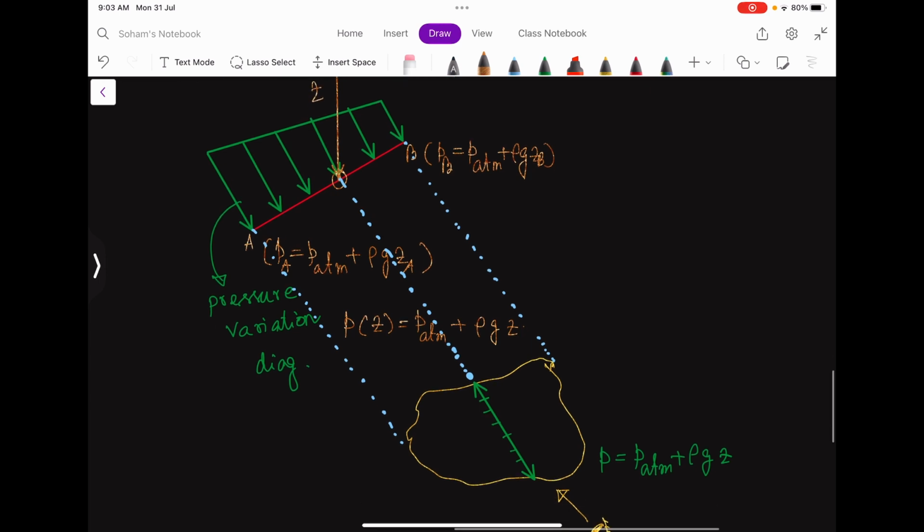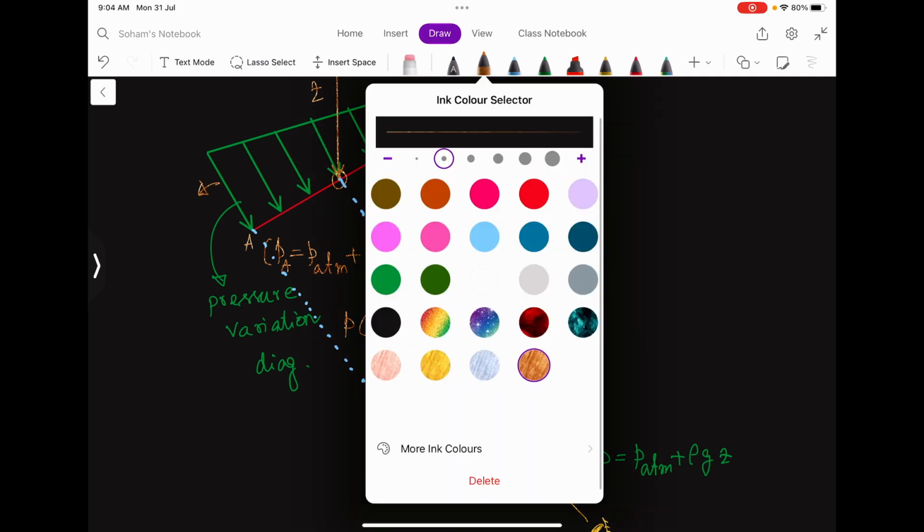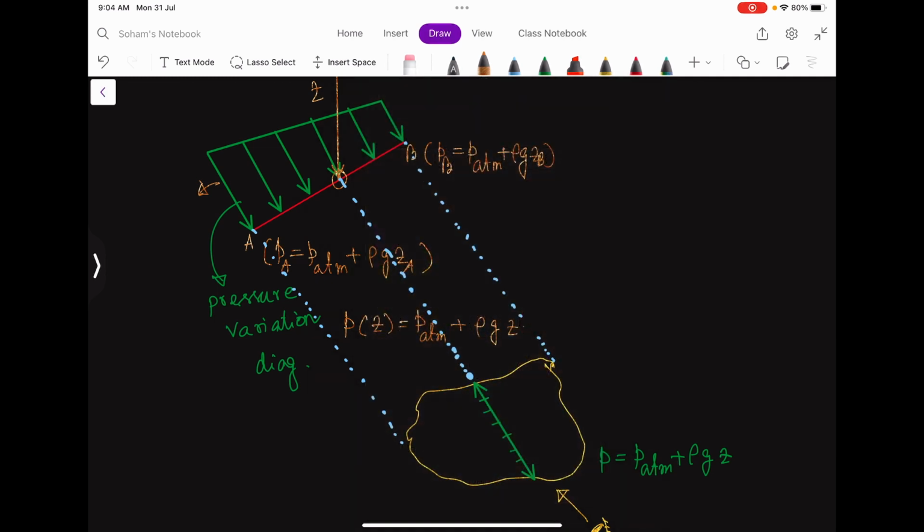Fine. That means this trapezium is just the cross section of the whole pressure something, what should I call it? So let me try to draw the actual pressure variation diagram in 3D.